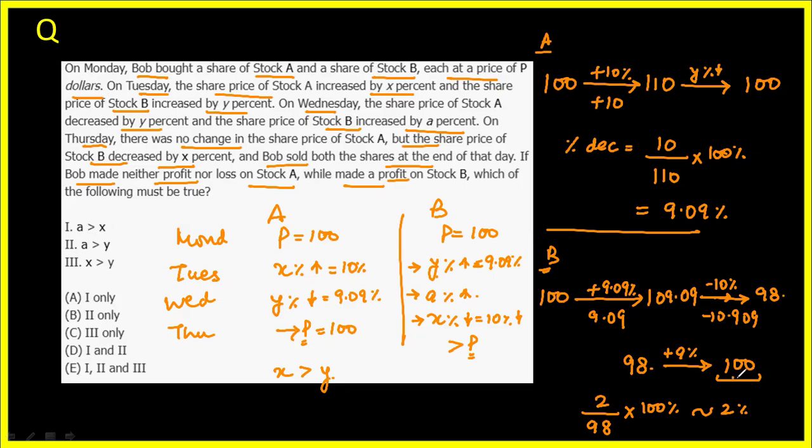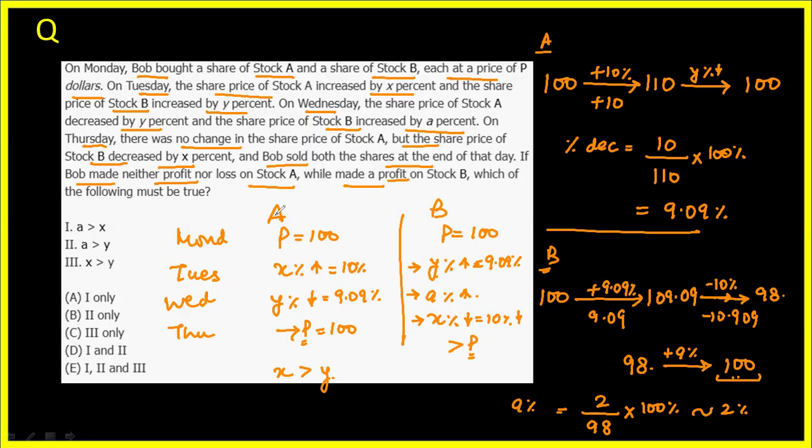Is it 200? Is it 300? It's greater than 100, but how much greater, we don't know. So we cannot determine the definite value of A. A percent could be 2%, it could be greater than 2%. We are not sure about the value of A.